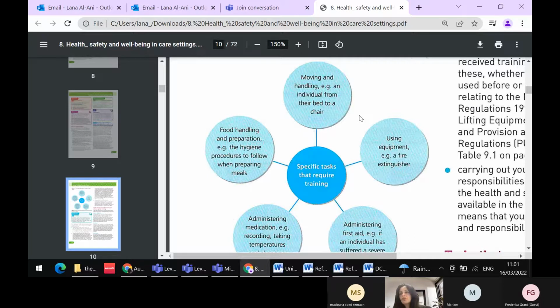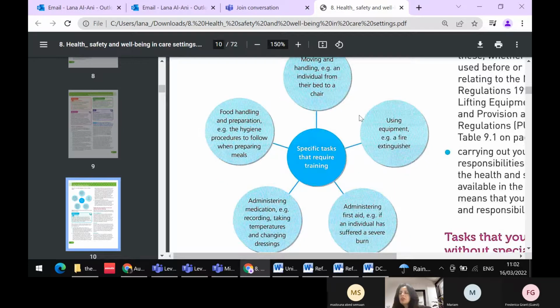So first of all, moving and handling. If you move your client from their bed to the chair or the other way around, you need specific training for that. Another thing you need training for is using equipment, fire extinguisher, first aid box. All this needs proper training.